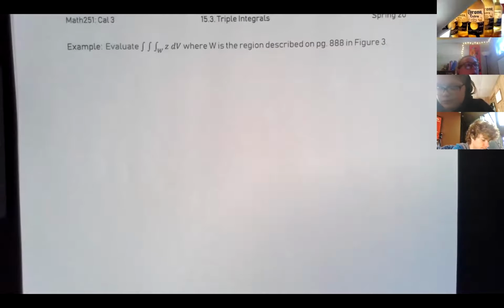All right, so here, evaluate a function where we have this triple integral over this region W of this function, just z dV, where it looks like the thing on page 888.